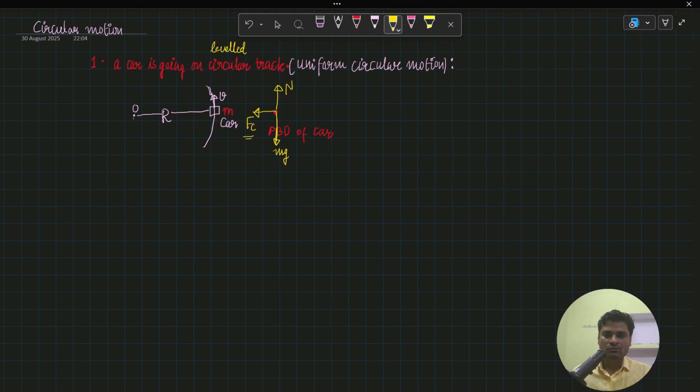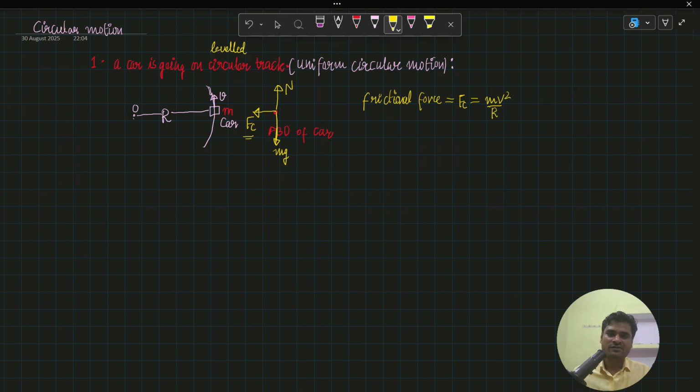And we know that our road is rough. A road will always be rough, so we can say that this centripetal force can only be supplied by a frictional force. So the frictional force must be equal to the centripetal force Fc, and its value should be mv square by r.